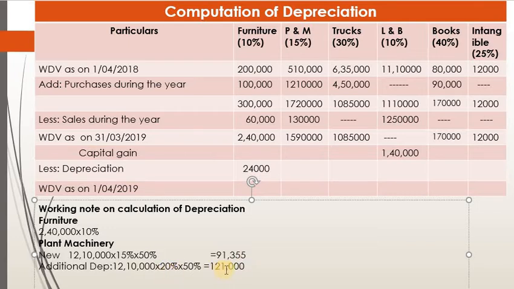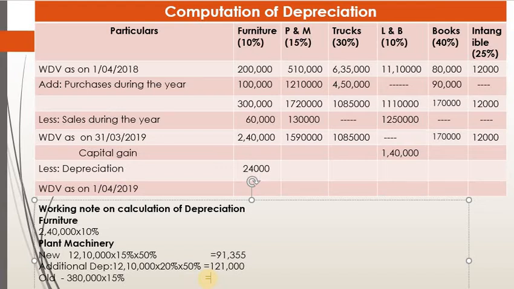So it is 1,21,000. Now the total written down value is 15,90,000, on which we have already provided depreciation for 12,10,000. So what is the remaining amount? 15,90,000 minus 12,10,000, so it is 3,80,000. So 3,80,000 into 15%, the rate of depreciation.